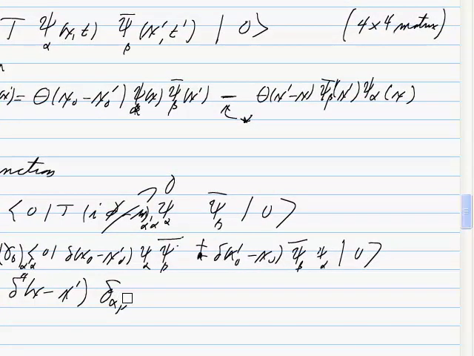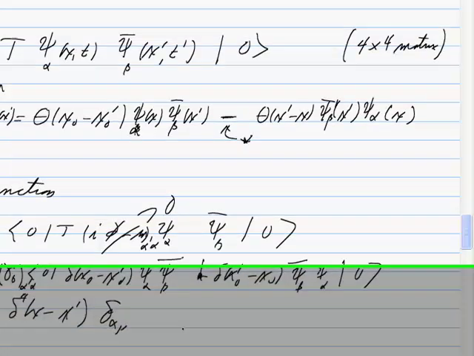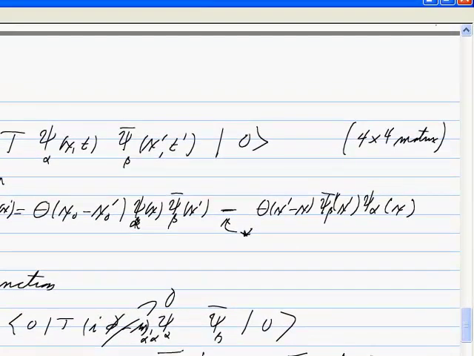Okay. The other thing I've been slipping past you a little bit. You remember the commutators of psi with psi dagger gave you a delta function. This is psi bar, so there's an extra gamma 0 floating around. This gamma 0 times that gamma 0 gives the unit matrix.